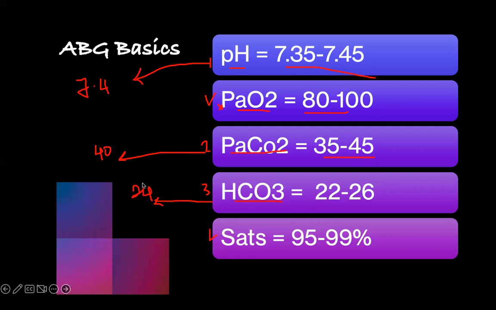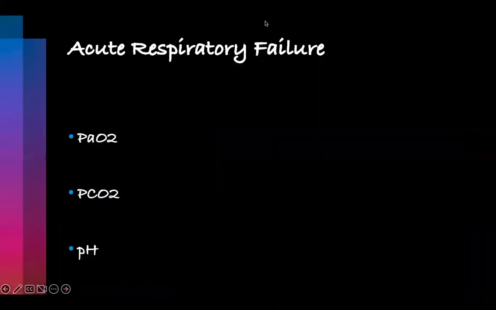So we're going to work with these numbers: 7.4, 40 for CO2, and 24 for bicarb. And then we can figure out the acid-base status first, then we can change it back into the normal range. So you've got to know these normal values first, but when you're working initially, use the averages: 7.4, 40.